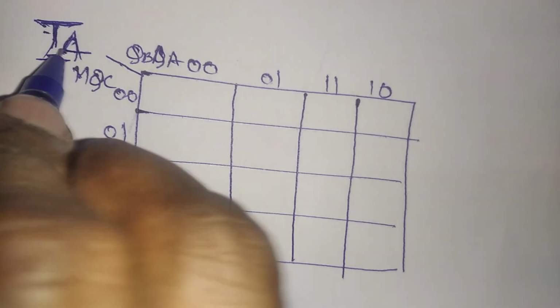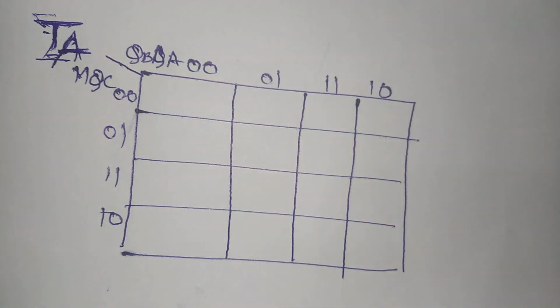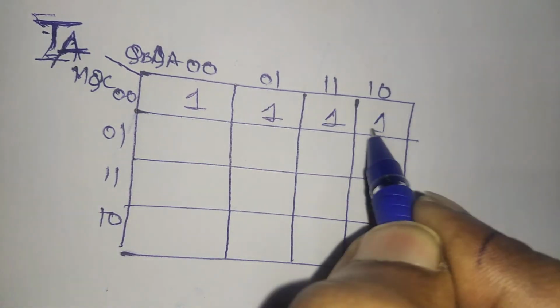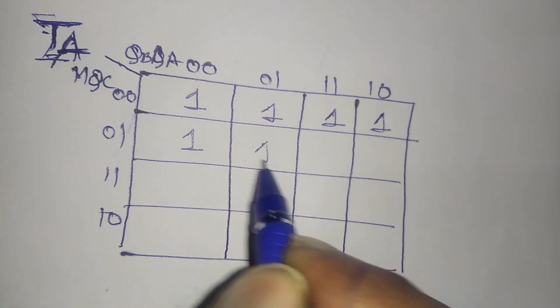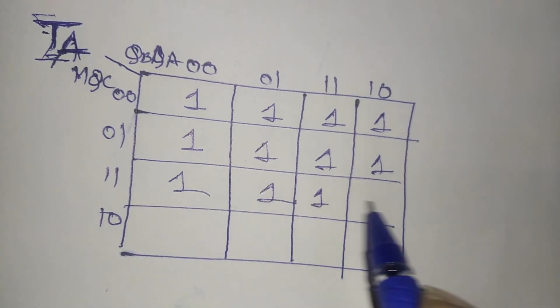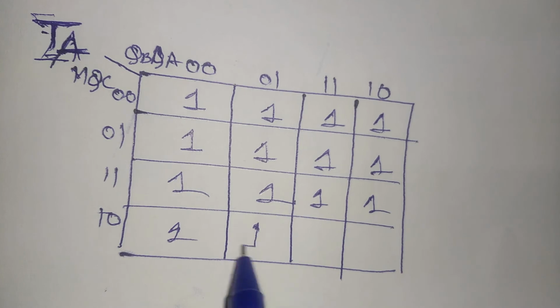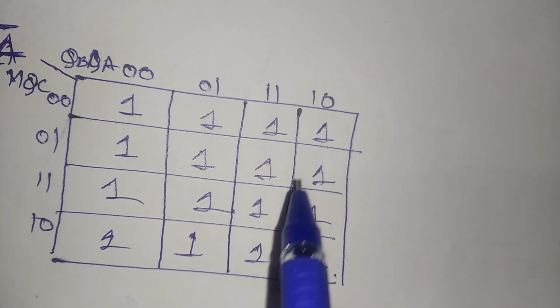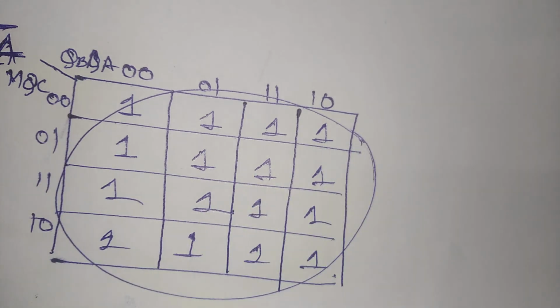Now, we will see the equation for TA. For TA we have all ones present in the column. So I am writing ones in the K-map cells, and you can make a group of all these cells.